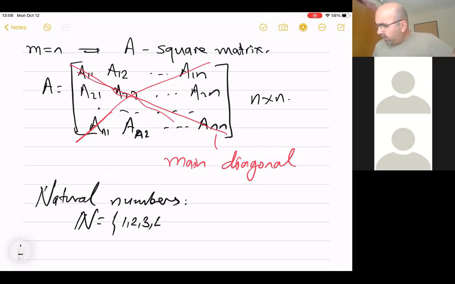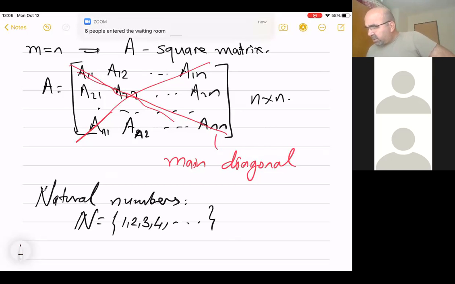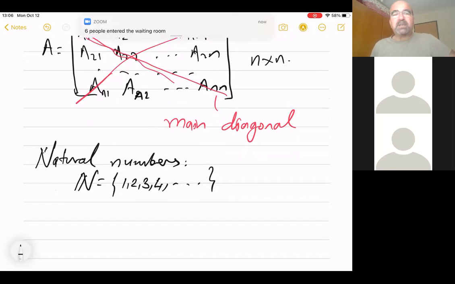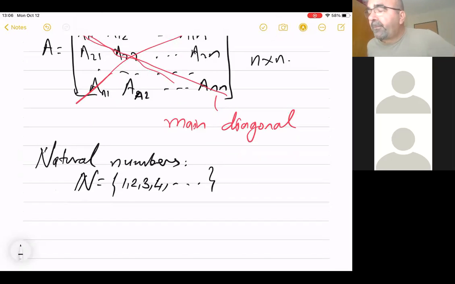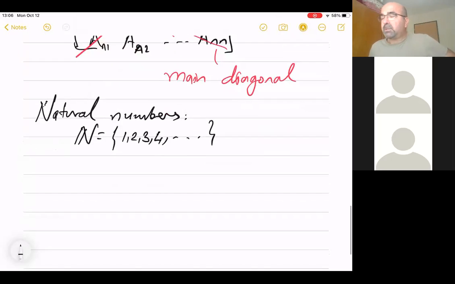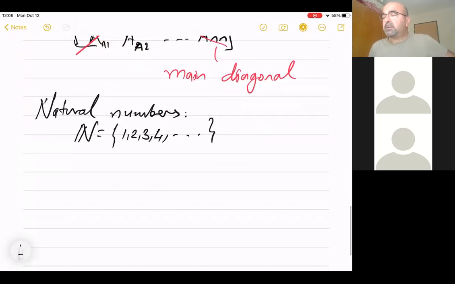It starts from 1. So by convention, let's say 0 is not included here. It's just a matter of definition. It doesn't matter whether 0 is a natural number or not. We are not in the philosophy of this. So let's set up this notation.